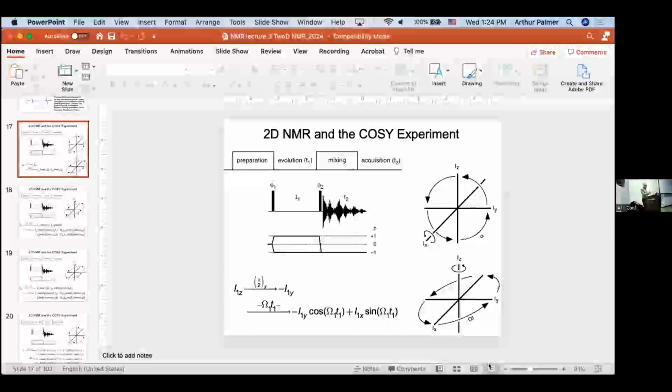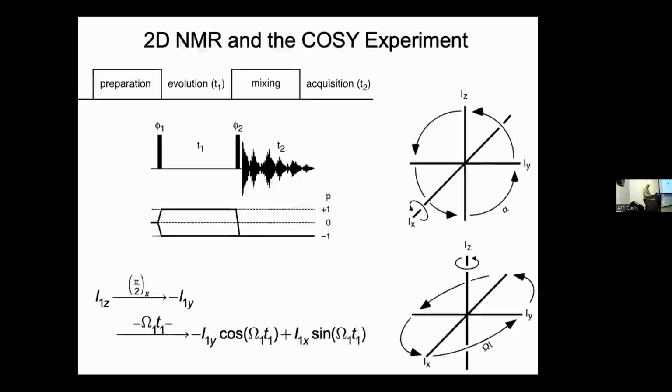And now we're ready to walk through the COSY experiment in some detail as the prototypical 2D experiment. Also, I can't remember if I told you, COSY was the first 2D experiment proposed.